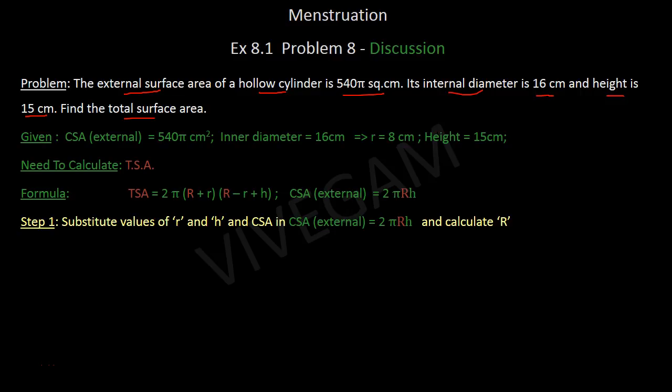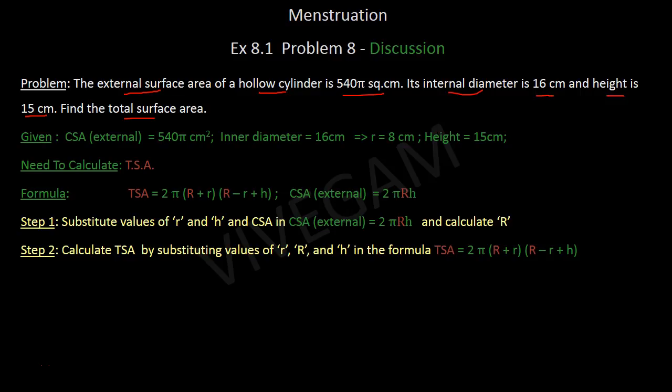So in this step you will be able to calculate the capital R. Then step 2, calculate total surface area by substituting values of inner radius, outer radius and height in the formula TSA equal to 2 pi into R plus r into R minus r plus h. Okay, here capital R we know, so there is no problem in calculating TSA. Capital R is calculated in step 1. That is it in this problem.